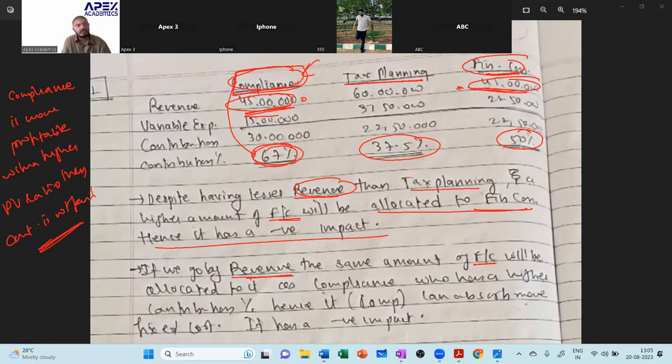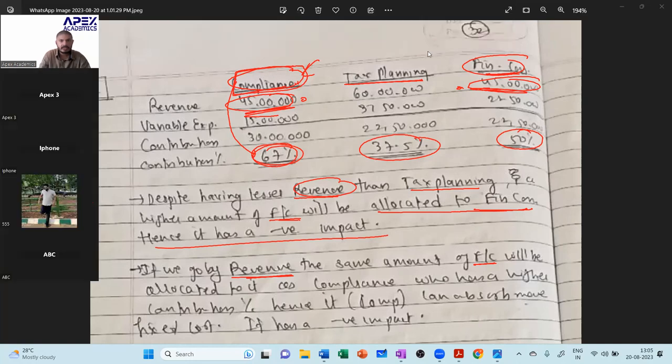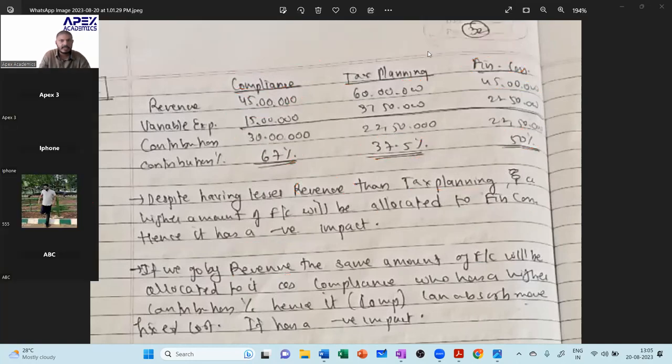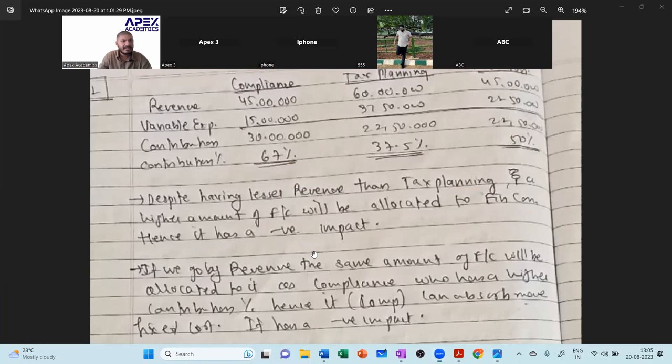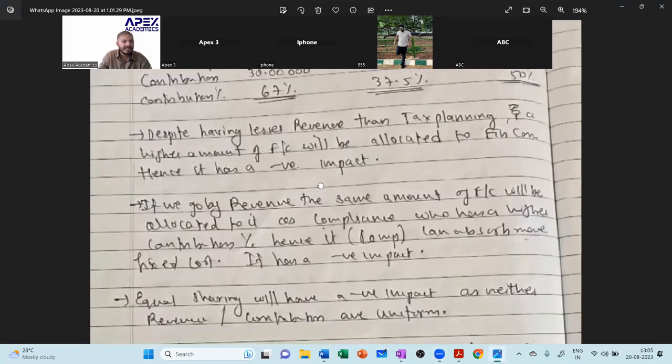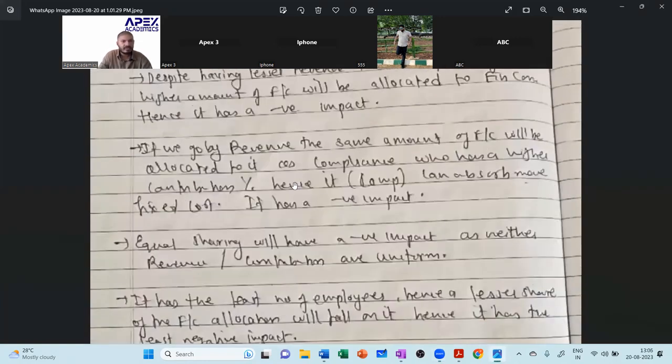Revenue is equal in both, but it doesn't work that way, right? Are you with me on that? Do you understand what I'm saying? Just because they have the same revenues does not mean that you can allocate the same cost to them, for a very, very simple reason: in the end, the contributions are different.